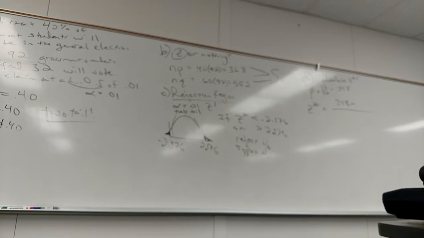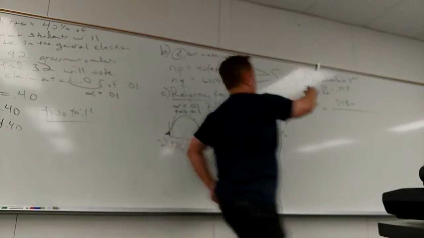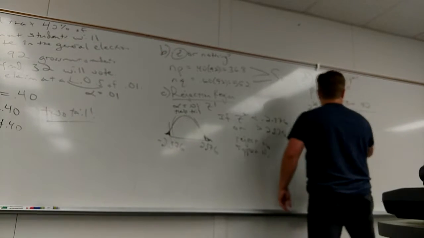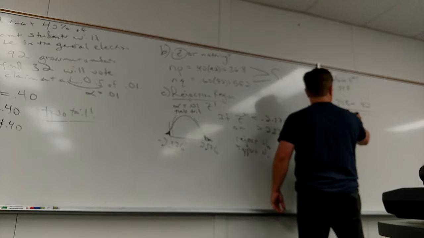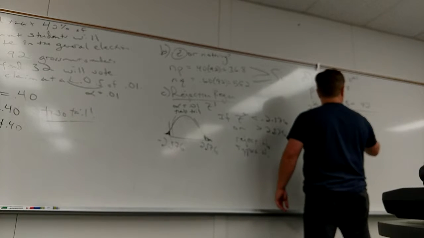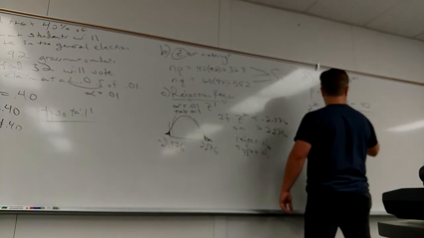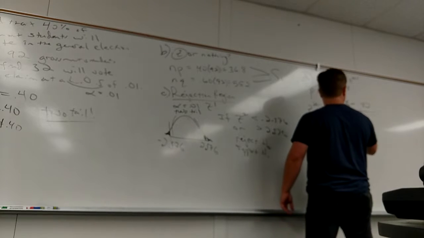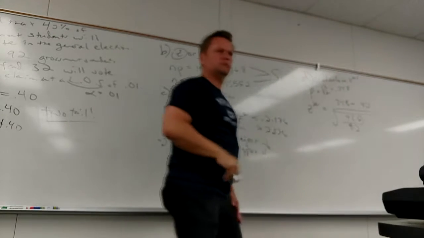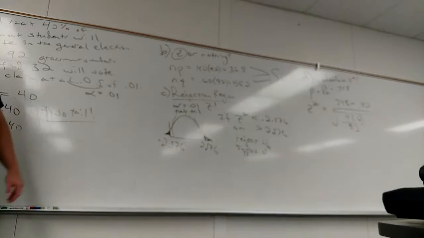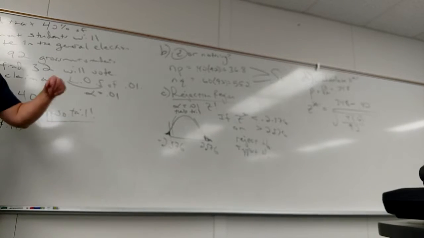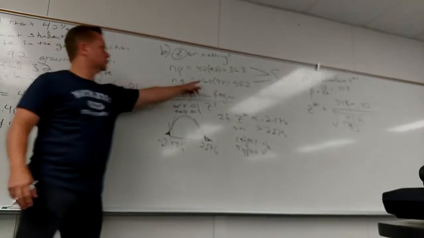That's what this is. So then minus 0.40 divided by the square root of the non-hatted values: p is 0.4, so q is 0.6, over 92. We used that earlier.